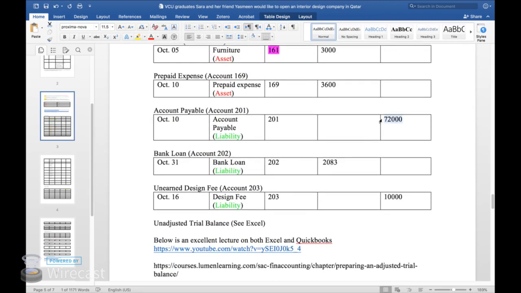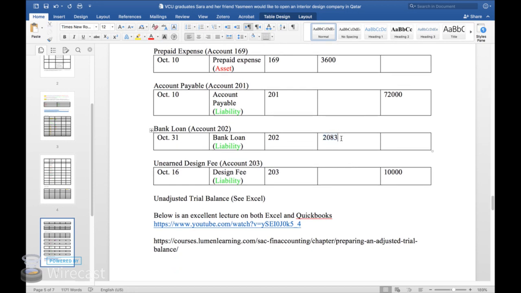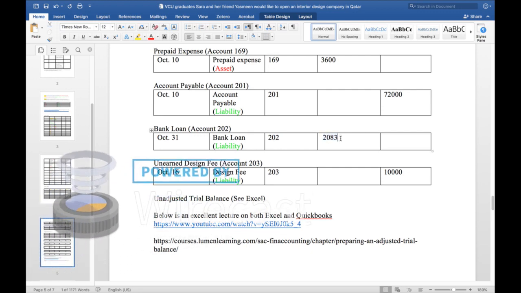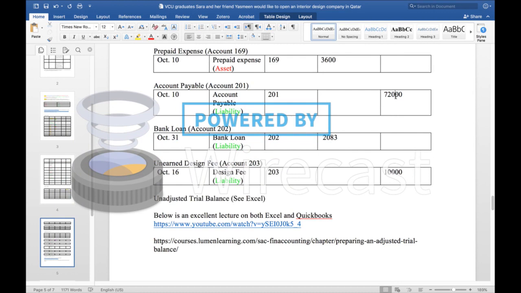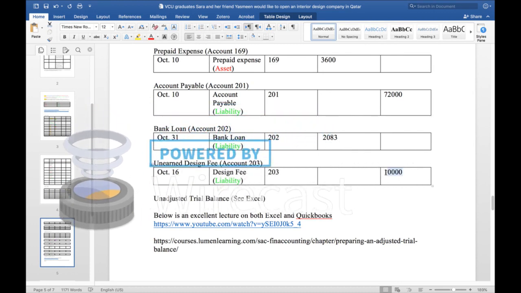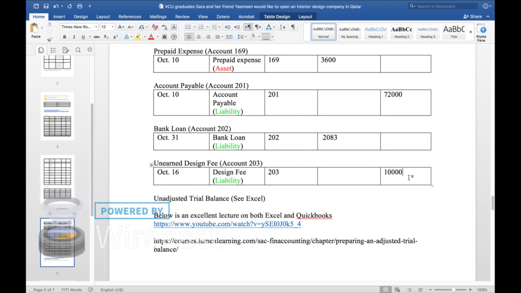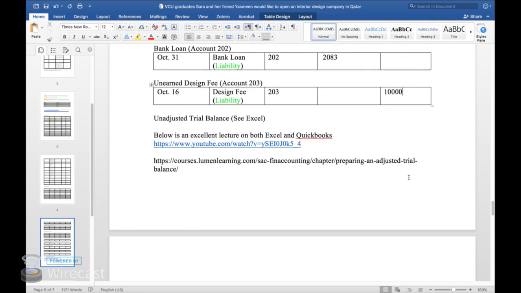So we have this liability, and then this one is actually a liability reduction. Once we paid with cash, the liability with the bank reduced, so it's on the opposite side. And then this one is also a liability, the unearned design fee.